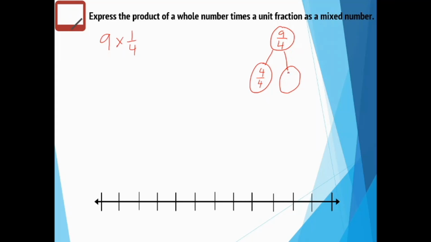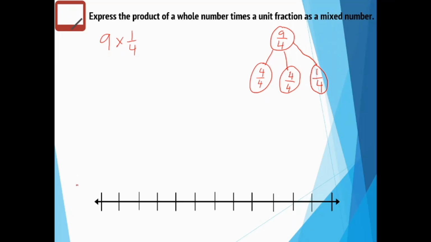So I can do one more group of 4/4. Well, 4/4 plus 4/4 equals 8/4, which means on 9 minus 8, I still have 1/4 left, right? So 2 groups of 4/4 make 8/4 with 1/4 left over.